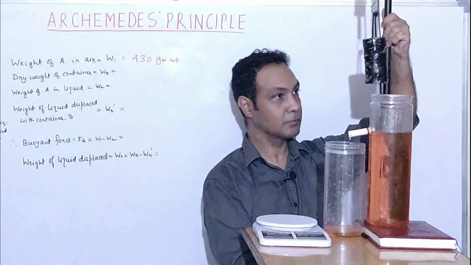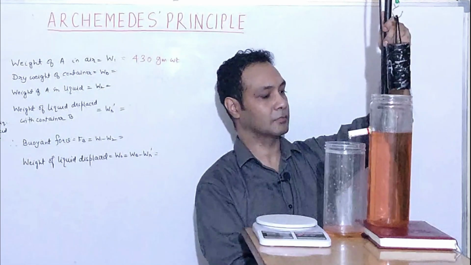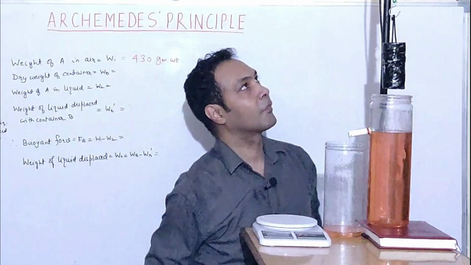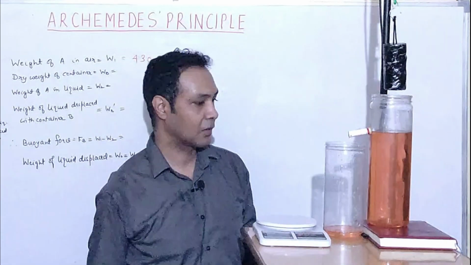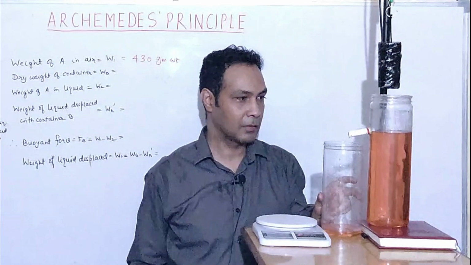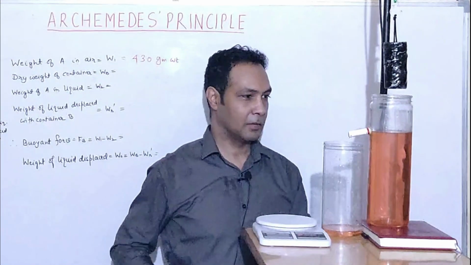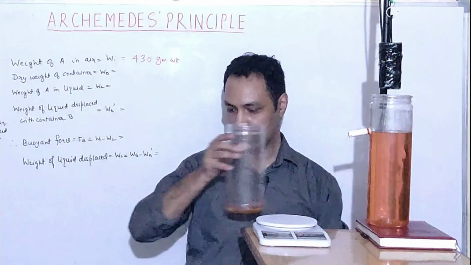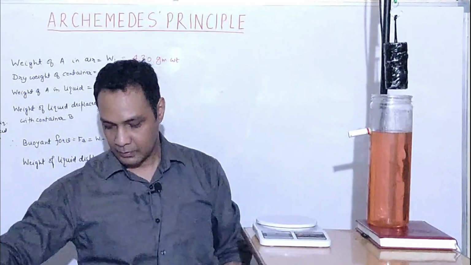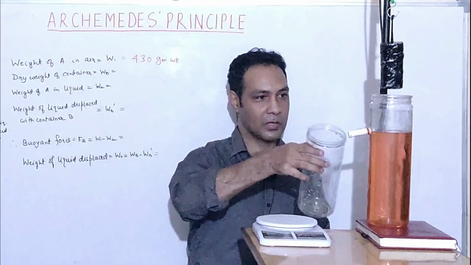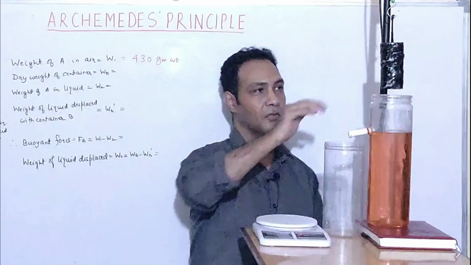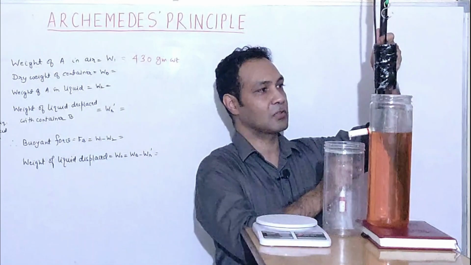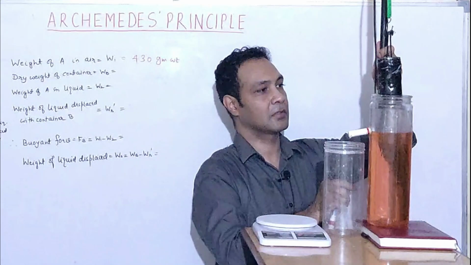Okay, that's almost there. Now this container is totally empty and the water is at the level of the nozzle, and I will gradually lower this block into the liquid.